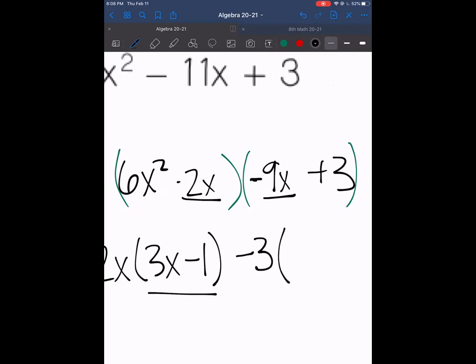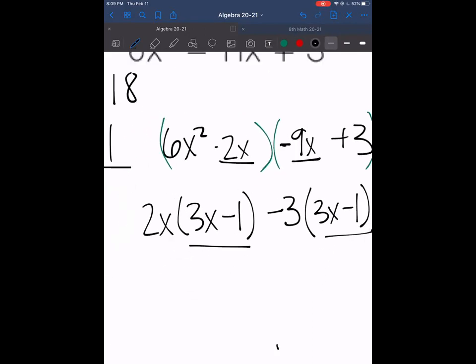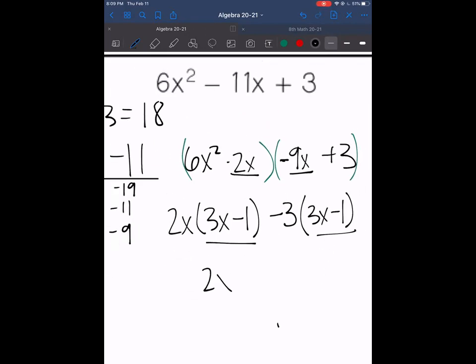If I pull out a negative 3, negative 9x divided by negative 3 leaves me with a positive 3x. Positive 3 divided by negative 3 leaves me with a negative 1. So now these two terms match. Those binomials match. I rewrite my factors.